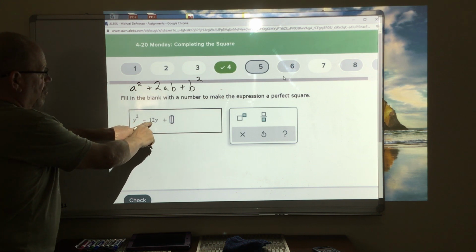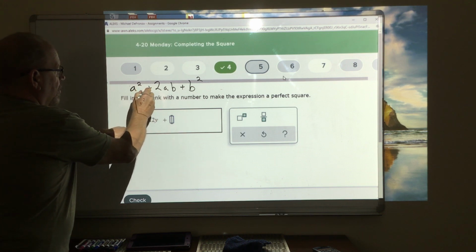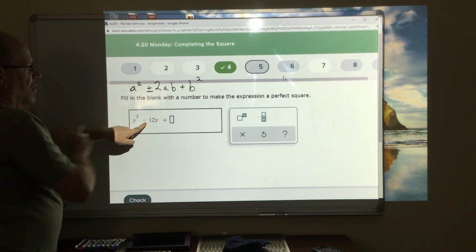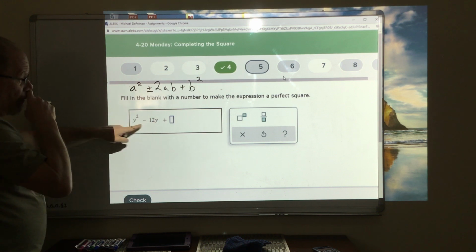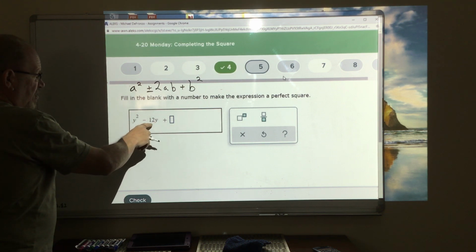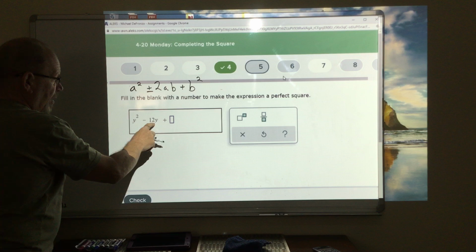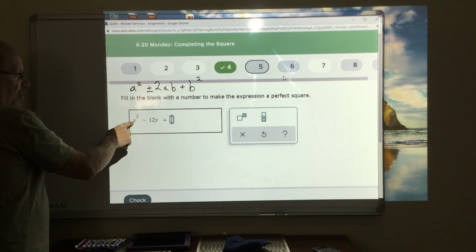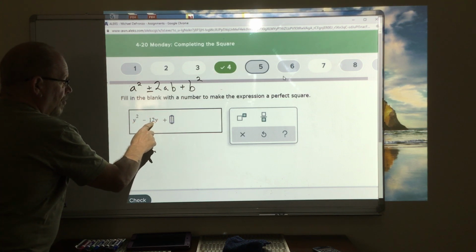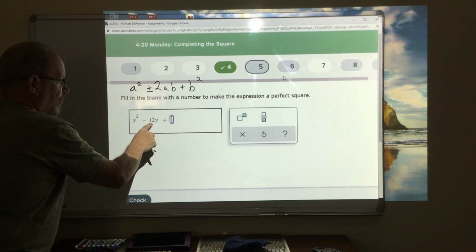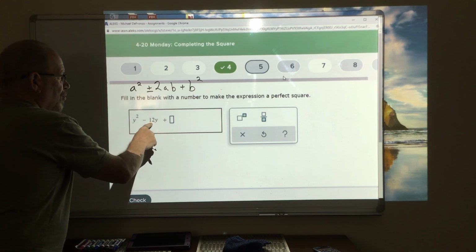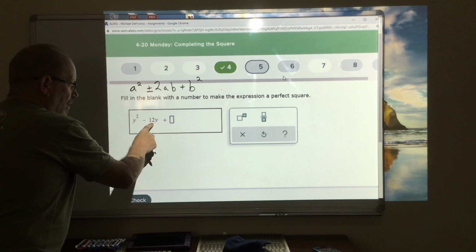Here's our 2ab. And our b squared is what we're looking for. So this number here equals 2 times a times b. Here's our a, is y, right? So this number, negative 12, is 2 times b.